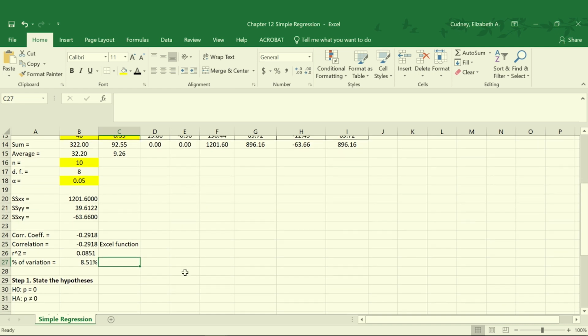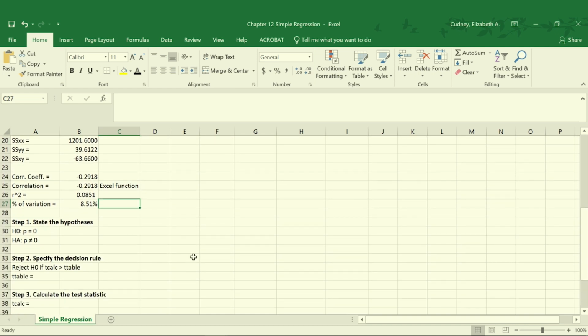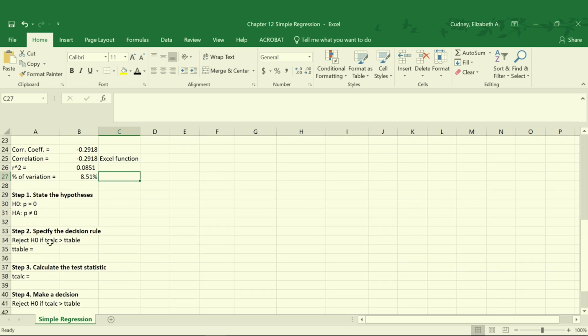So the way we would also set this up from a hypothesis standpoint is that we would state the hypothesis. Our null hypothesis would be that P is equal to 0. Our alternative hypothesis is that P is not equal to 0. In step 2, we would specify the decision rule. We would reject our null hypothesis if our T calculation is greater than our T table.